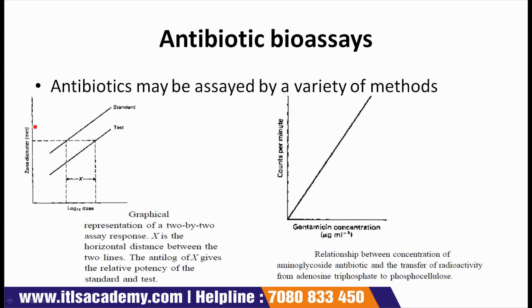Here you can say in the first graph, zone diameter is given on the y-axis while the antilog of x is given on the x-axis. In the second graph, gentamicin concentration is given on the x-axis while counts per minute is given on the y-axis. These graphs are of antibiotic bioassay.